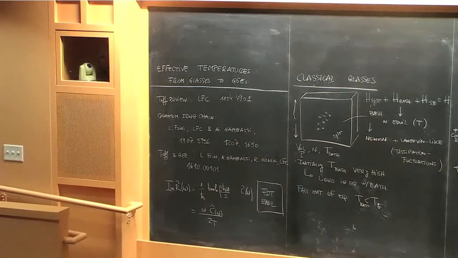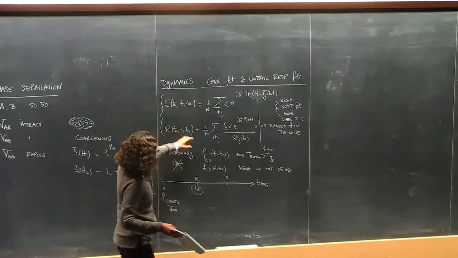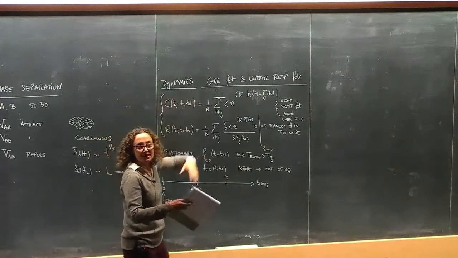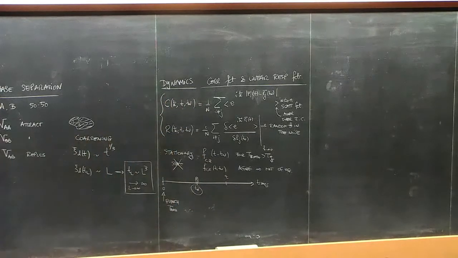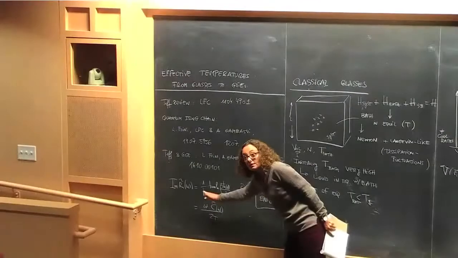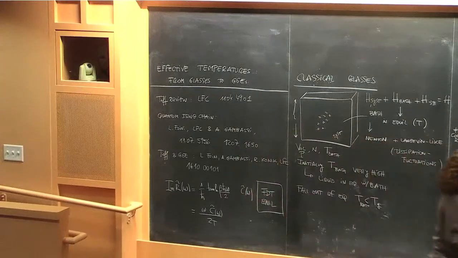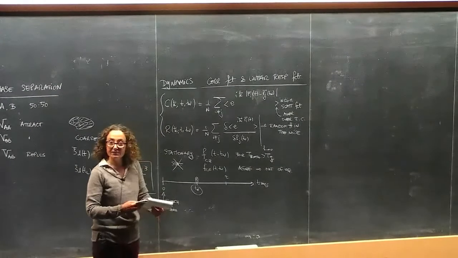So another way to see that the system is out of equilibrium when you do the quench below Tg is to compare this quantity to that quantity and see whether they satisfy some extension of this FDT that may take care of the waiting time or not. So I insist, there is violation of stationarity and there will also be violation of FDT.